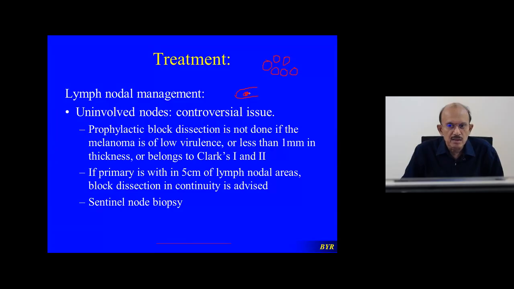The lymphatics will go like this to this lymph node, let us suppose. This lymph node is called the sentinel node. Why is it called sentinel? Because out of these 10 or 20 nodes, this particular single node is guarding this particular area. This particular area is being guarded by this.